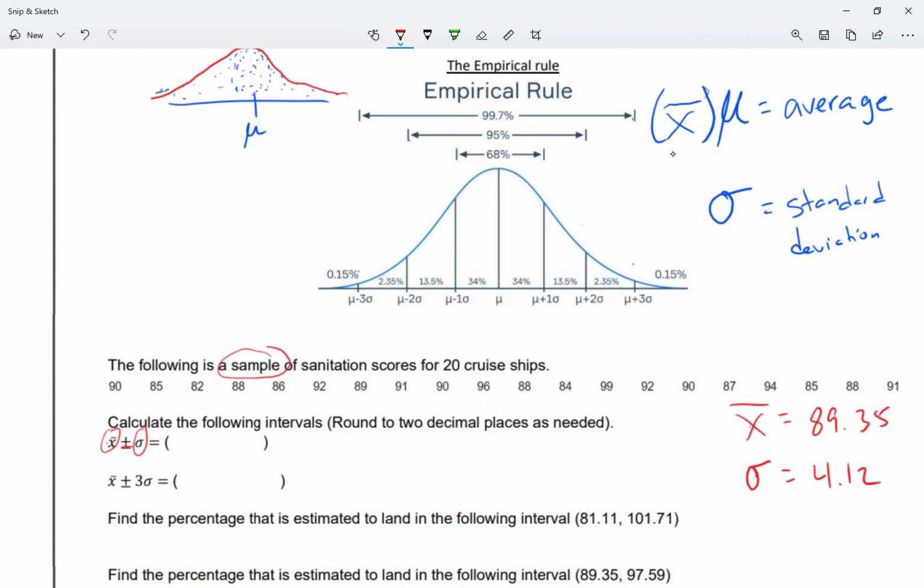And that's going to be my interval here. My lowest number is going to be 85.23, comma. And my second number, I'm going to go 89.35 plus. Now I'm going to do the plus 4.12. 89.35 plus 4.12 is going to give me 93.47.